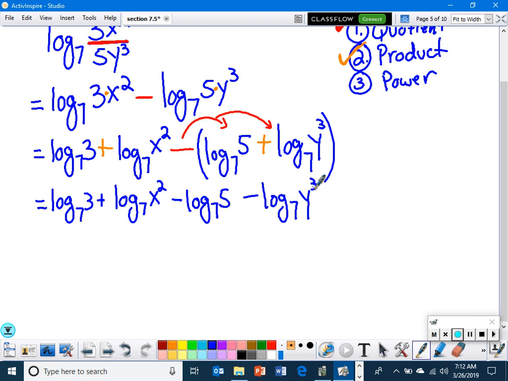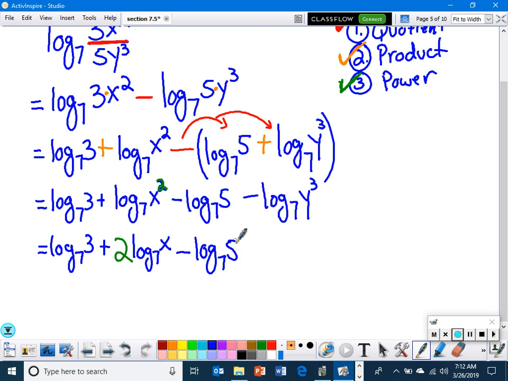All right, now I'm going to do the power property. I'll do that in green. This 2, this exponent, goes in front. So that's 2 log base 7 of x minus log base 7 of 5.